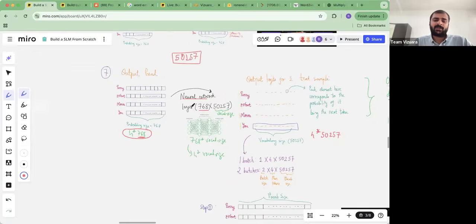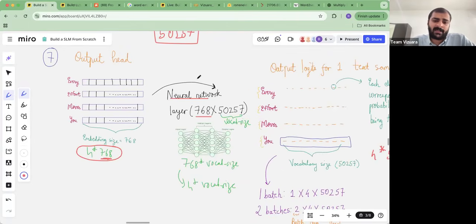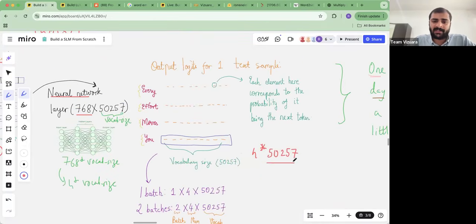Now remember when I mentioned to you at the start why word-based tokenization is not good. Word-based tokenization is not good because the vocabulary size really increases the number of parameters. This neural network size is also governed by the vocabulary size. So this neural network is called an output head, which projects the tokens from an embedding dimension to the dimension of the vocabulary space.